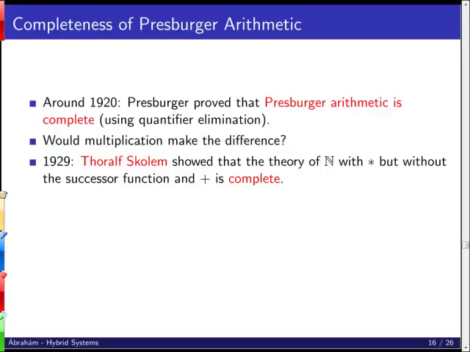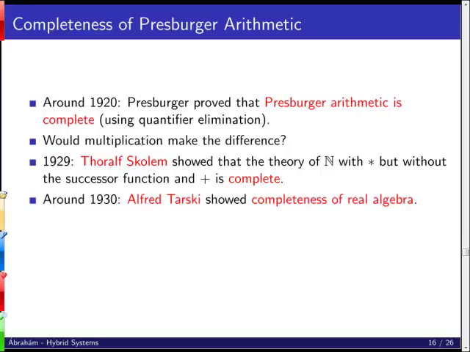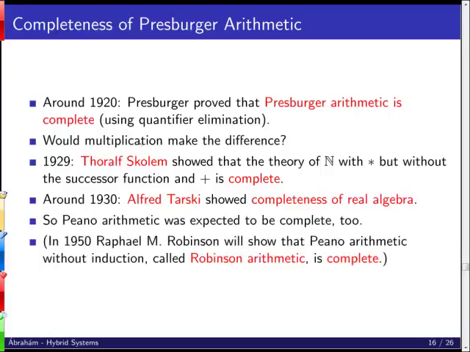So now we have both fragments but still not together. Then Tarski showed completeness of real algebra. If we do not take the natural numbers but the real numbers, then he showed it is fine with addition and multiplication. Then the next step was Peano arithmetic with both addition and multiplication, but we take out the induction rule, then it is also complete.